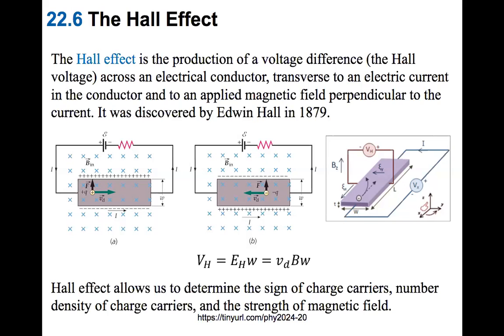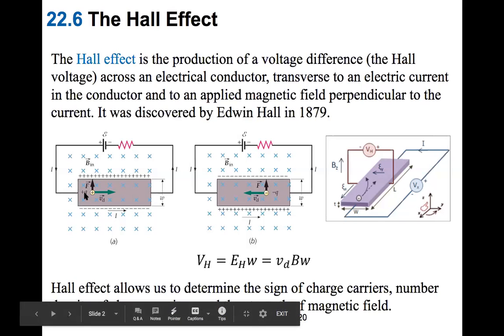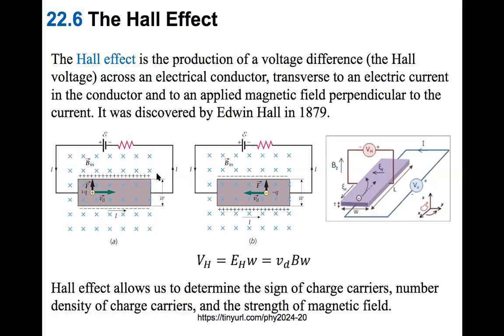Put your right hand like that, and the force will be perpendicular to the palm, going upward. So the force is going upwards if this is a positive charge, and positive charge will build up on the upper side of the conductor, with negative charge building up on the other side.